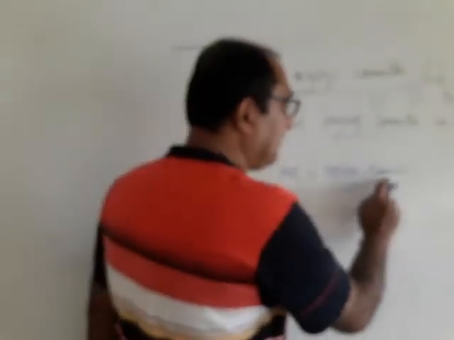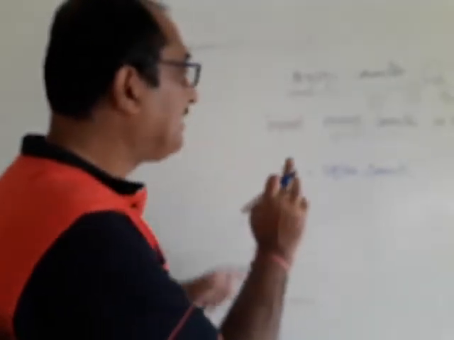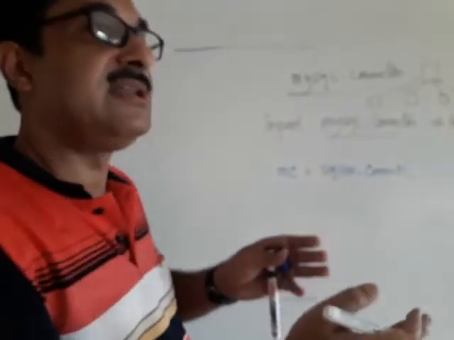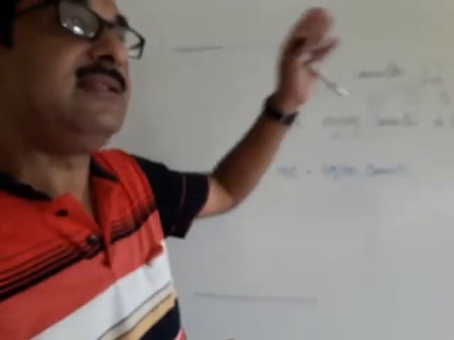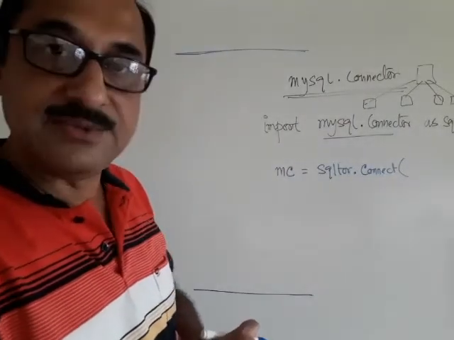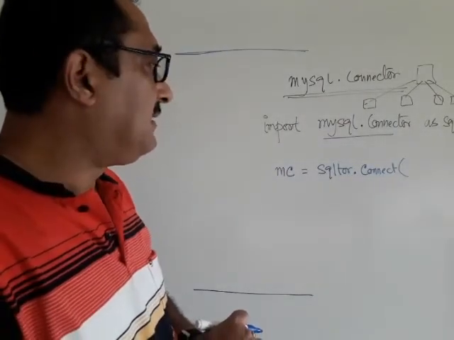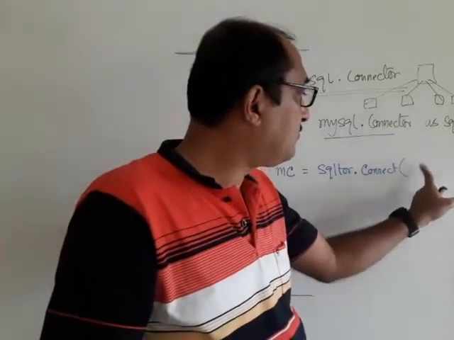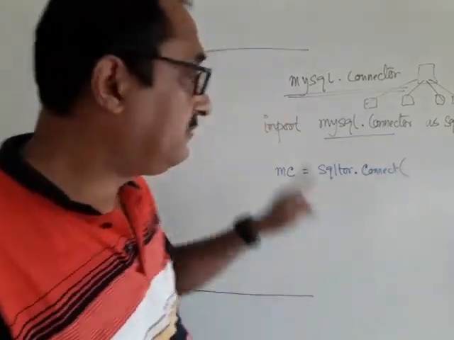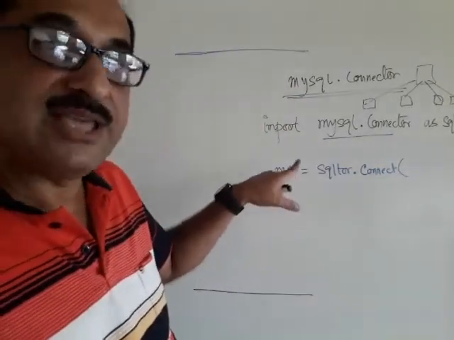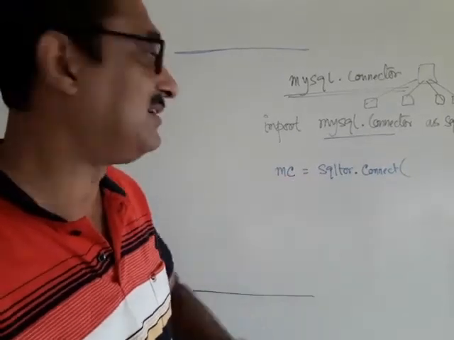This function will help you establish a connection between your Python program and the SQL database. Now what are the parameters here? When we write the parameters, you will understand why I discussed the server client model all of a sudden.